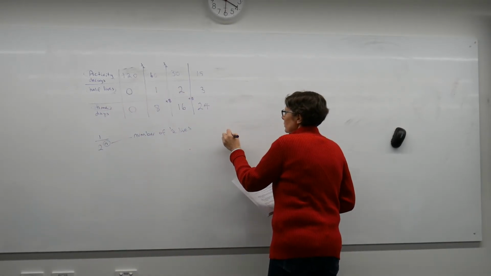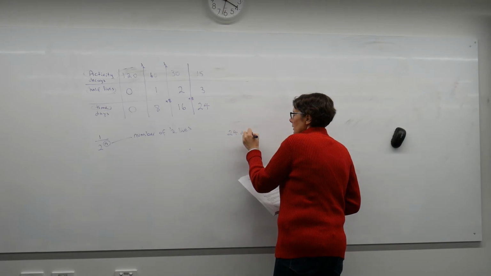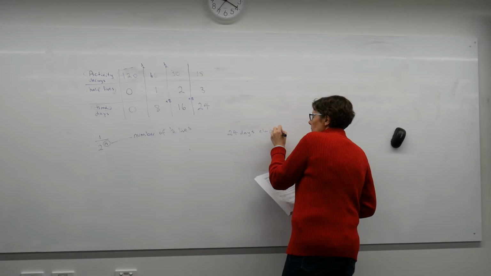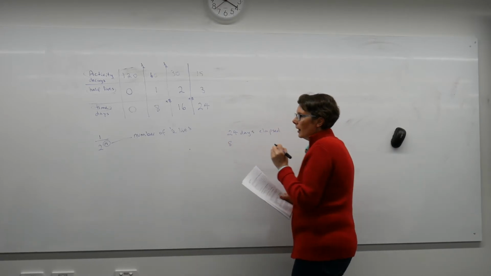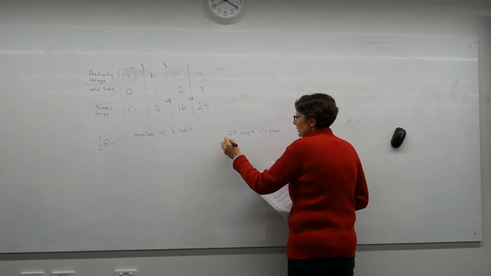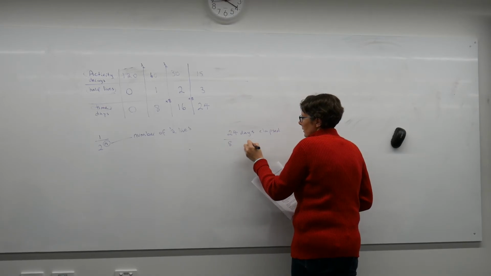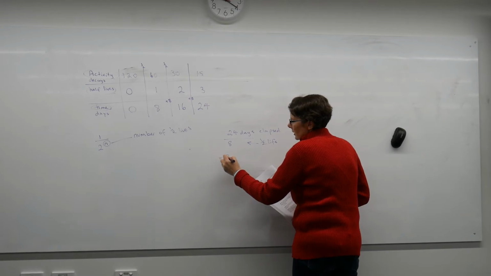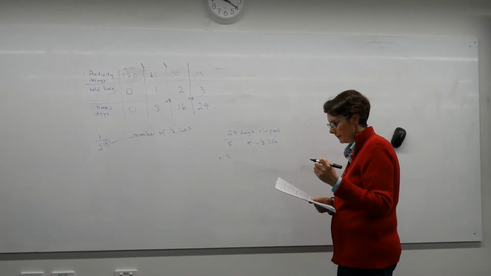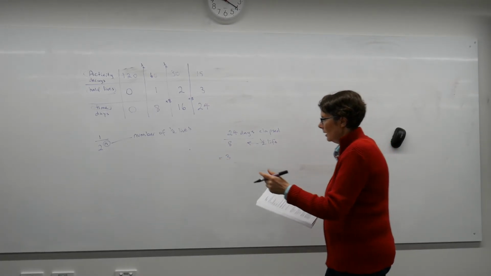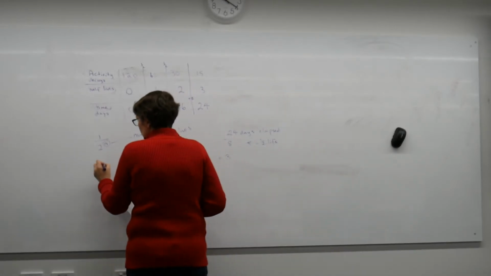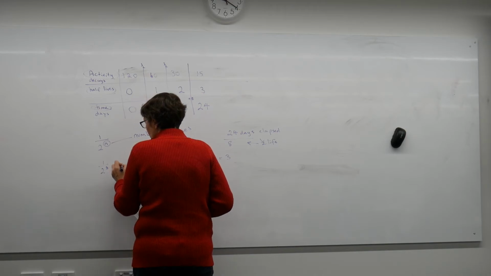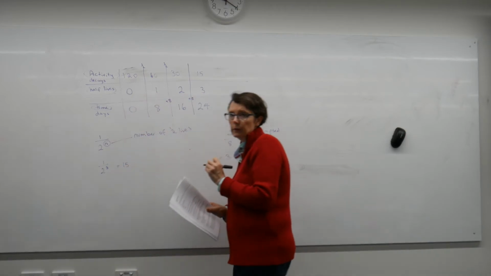We know 24 days have elapsed, and we know that the half-life is 8 days. So that would give us 3 half-lives. So if we substitute into this, we would have 1 divided by 2 to the power of 3, which then gives us the 15 counts.